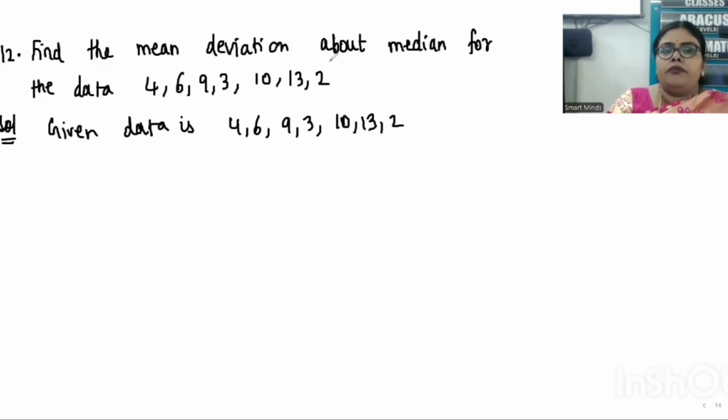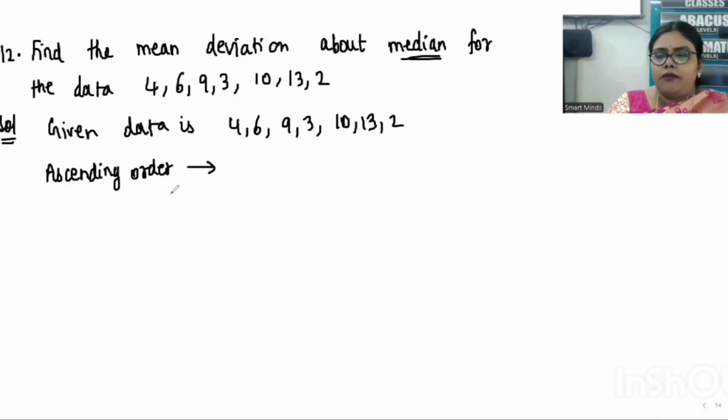Whenever they ask you mean deviation about median, we need to find out median first. And to find out the median, first arrange the data in either ascending order or descending order. What is ascending order of this data? Ascending means smaller to bigger, descending means bigger to smaller. So we are arranging them in ascending order, smaller to bigger.